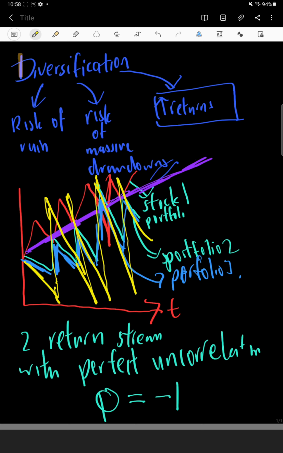So from an economic standpoint, which return stream would you prefer? Would you prefer the one in purple, or would you prefer the one in yellow, the one that zigs and zags according to, let's say, the market? Most people would prefer this purple return stream, and this is proven by research in the behavioral economics field, known as prospect theory.